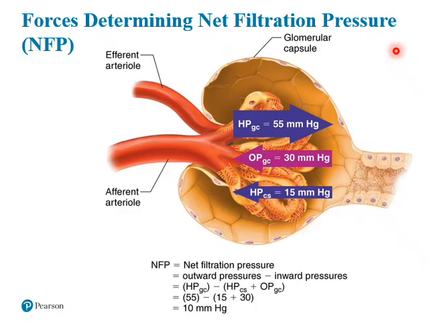First, you have your outward pressure, which is the pressure that pushes the water to go out. And then you have also the inward pressures, which is the pressure that would prevent the water from going out.